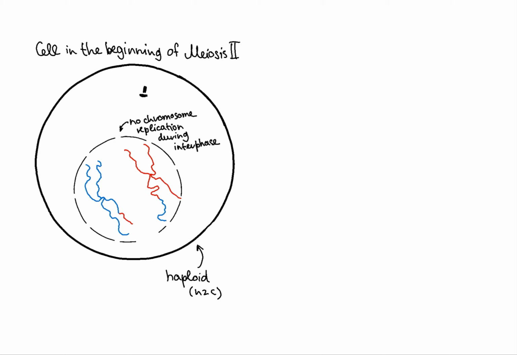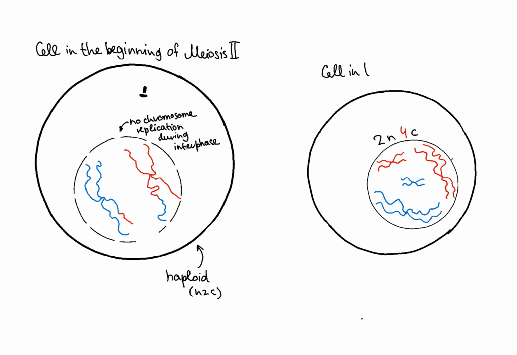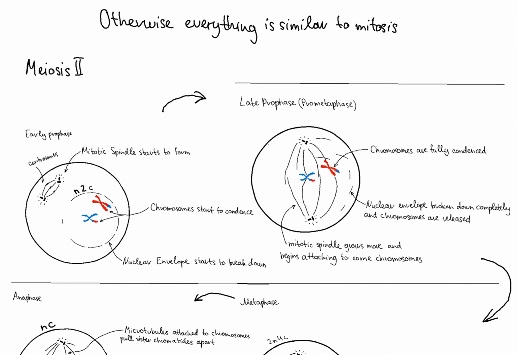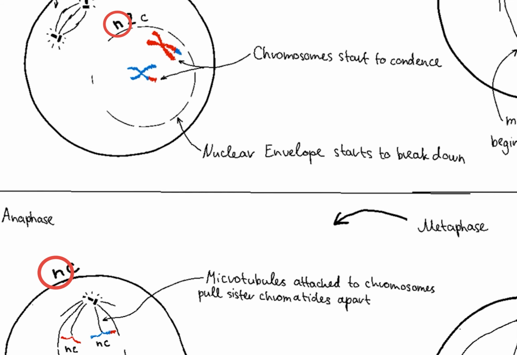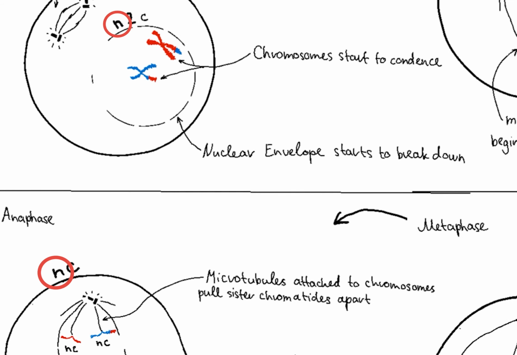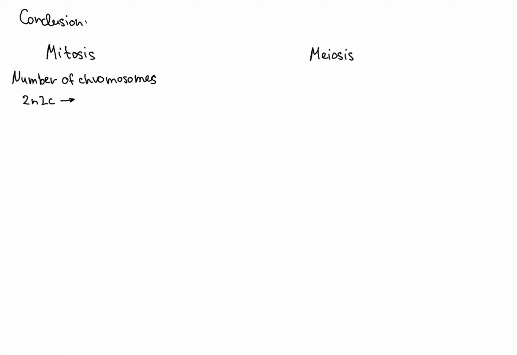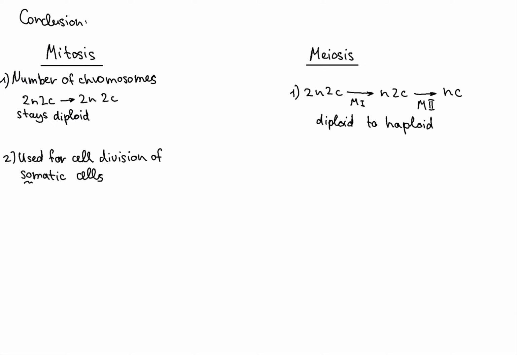So if we compare our example cell with the somatic cell in the beginning of mitosis, we'll see that it has half as many chromosomes. As I said, meiosis 2 is similar to mitosis, so the number of chromosomes after meiosis 2 will stay the same, while the number of chromatids will get reduced by half. In conclusion, let's summarize the differences between mitosis and meiosis.